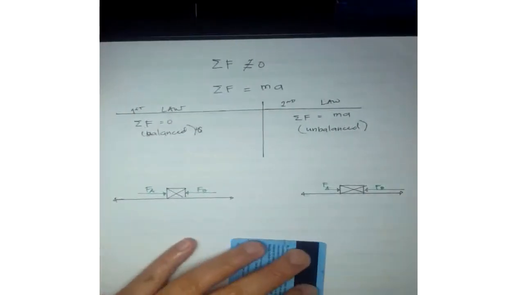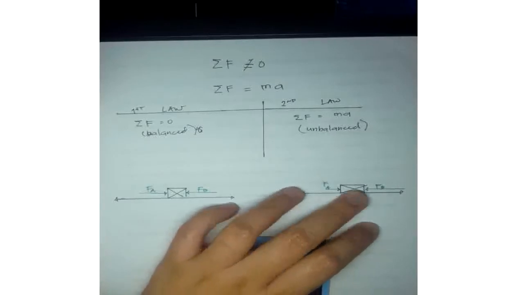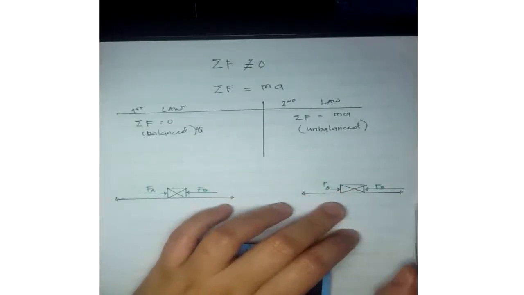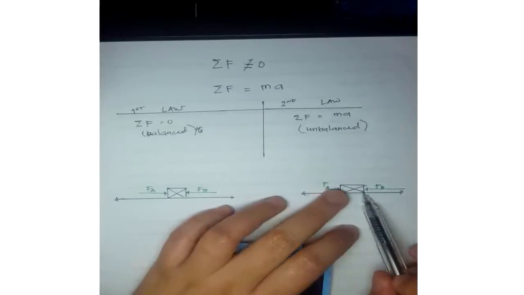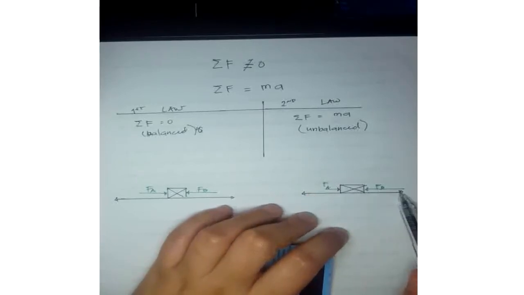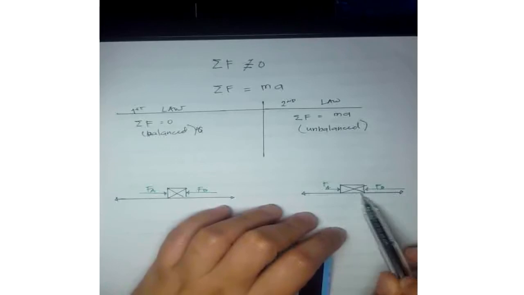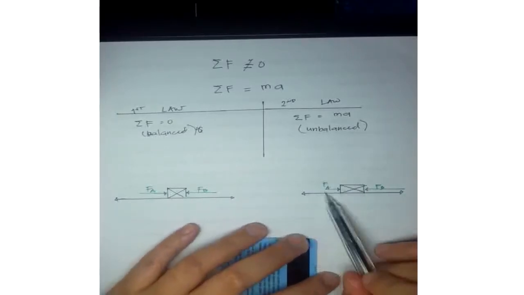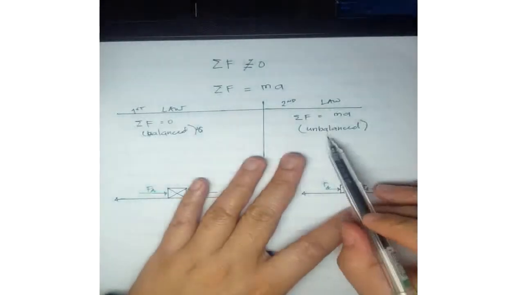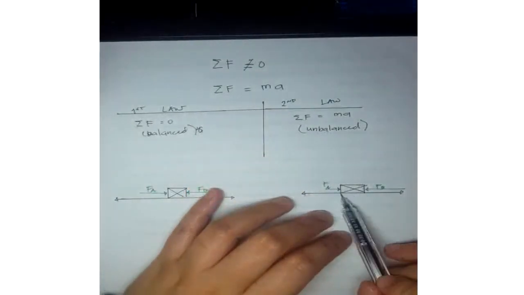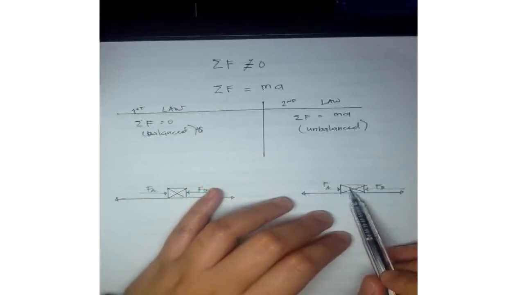Here you can see that force B is greater in magnitude than force A. Therefore, the box will move to the left since force B is greater than force A. So, the forces are not balanced. Therefore, the object will accelerate.